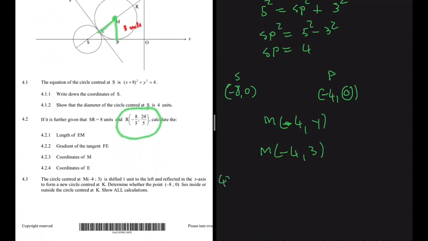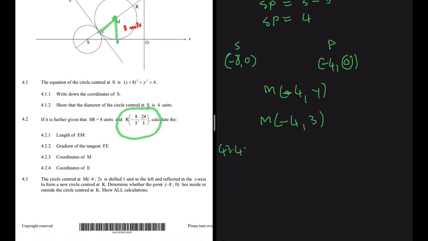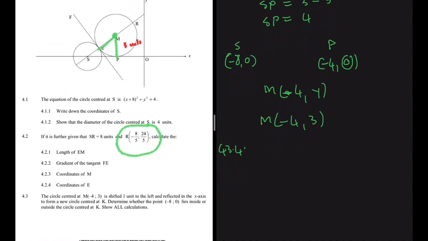So we have 4.3.4, which says we should find the coordinates of E. So let's just erase some of this stuff. So here's E, and we are interested in the coordinates of E. Now we have the coordinates of M and we have the coordinates of R. It should be obvious now that we're going to use the midpoint theorem, right?